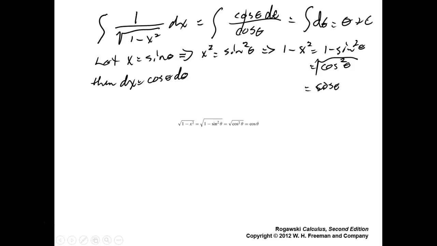But what is your theta? Remember, your x is sine theta, so guess what theta is? I'm going to write it a different way. I'm going to put sine theta equal x. Therefore, how do you isolate the theta here? Not dividing.